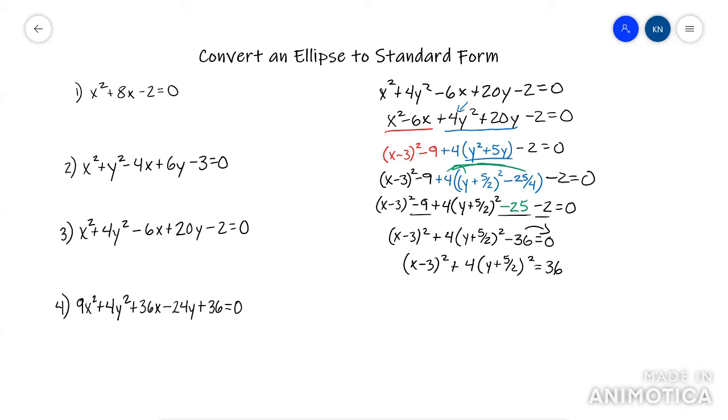Now you have to make it equal to 1, so you're going to divide everything by 36.